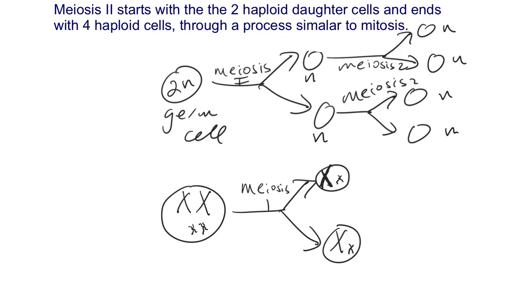And then meiosis 2, the next stage, is splitting those 2-chromatid chromosomes into 1-chromatid chromosomes.